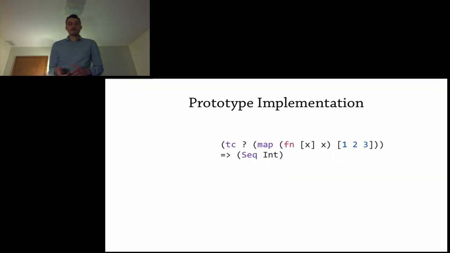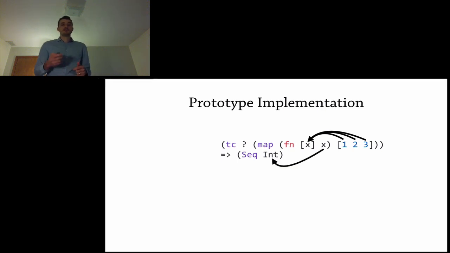So I've extended my prototype to also work with polymorphic types, and the idea is that the model looks at the polymorphic type and deduces how the control flow has to work. So for example, if we're mapping the identity function over this collection, the type of map tells us that the collection actually flows into the x position, then the body flows out to the return type.